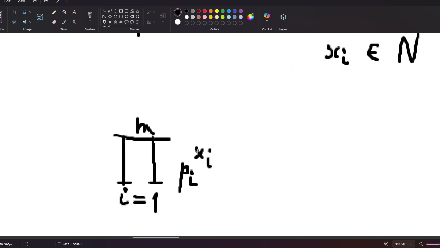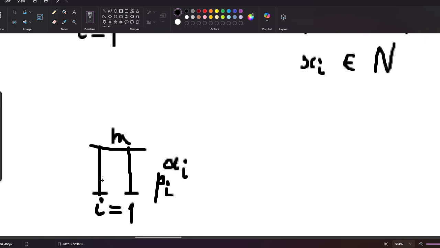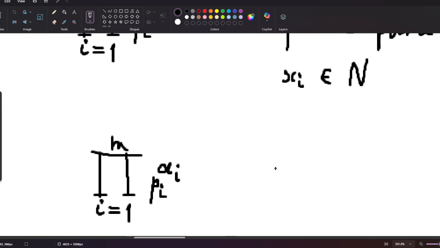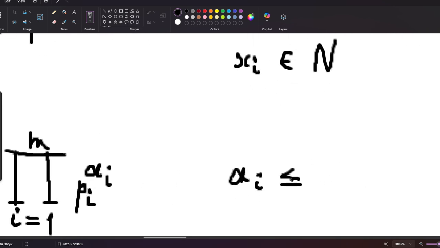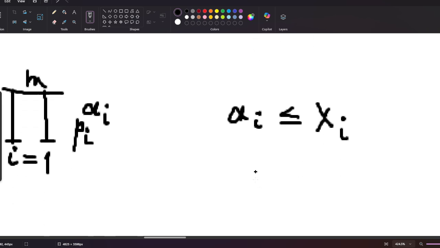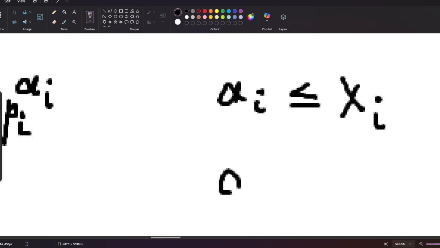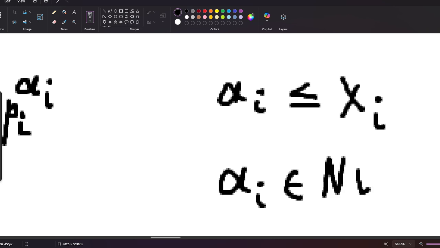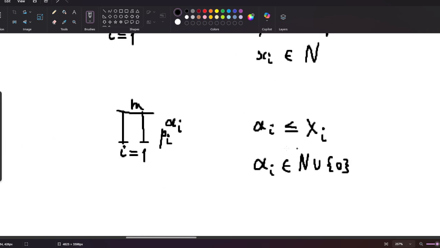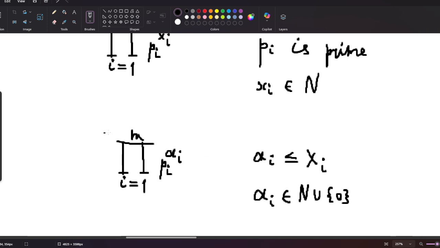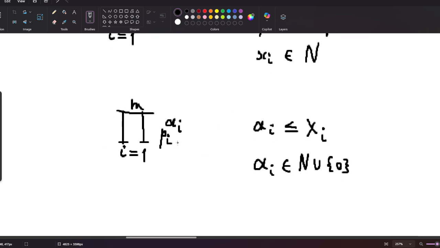Divisors can be easily expressed by, let's say there is some sequence a for every divisor, and let's say that a_i is less than or equal to x_i, and that i belongs to the set of natural numbers plus the set containing 0, because for example 1 is a divisor of, for example, 7, and so on.